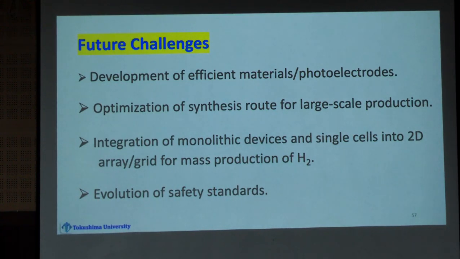Yeah, that is one of the problems when you combine your cell, how to extract the hydrogen, and loss of hydrogen should not be there because it is a gas. So that is one of the challenges you have to deal with.